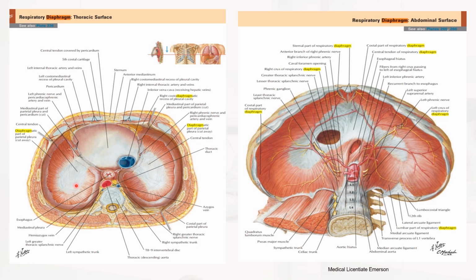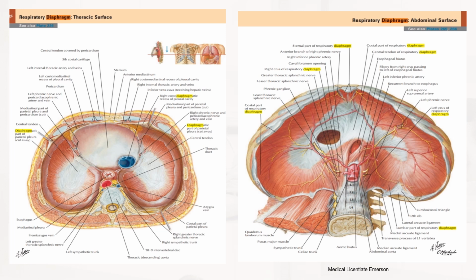This is our diaphragm here, and even here this is our diaphragm, the thoracic surface and the abdominal surface.